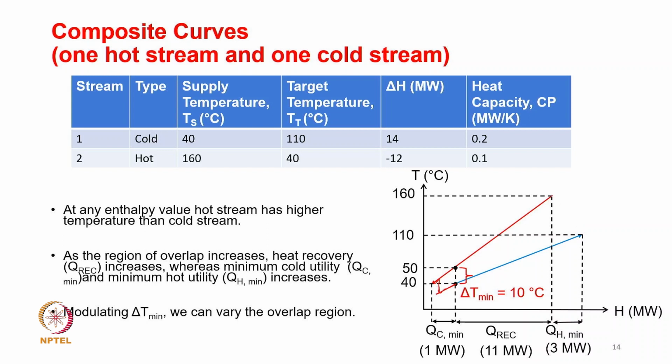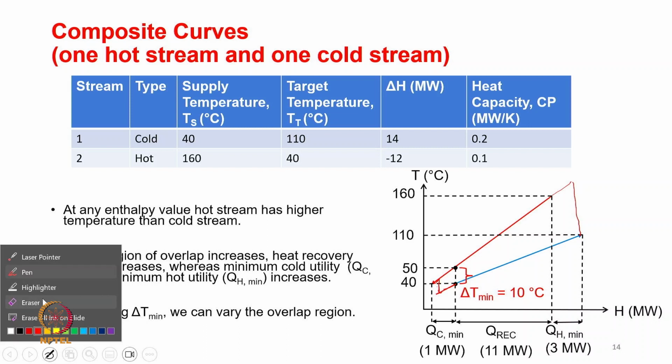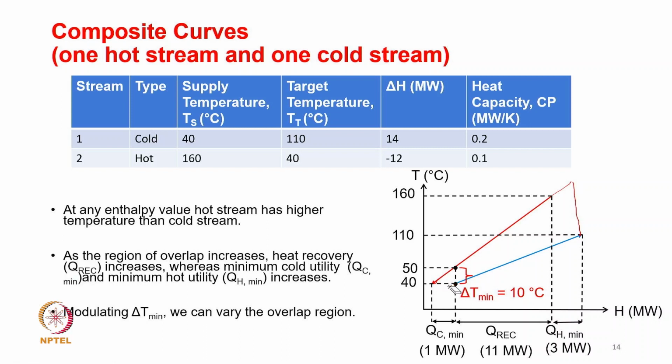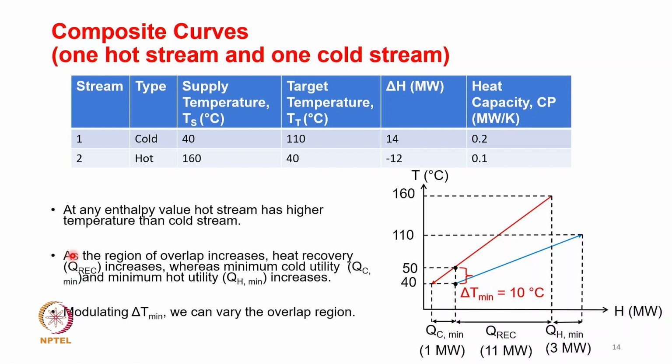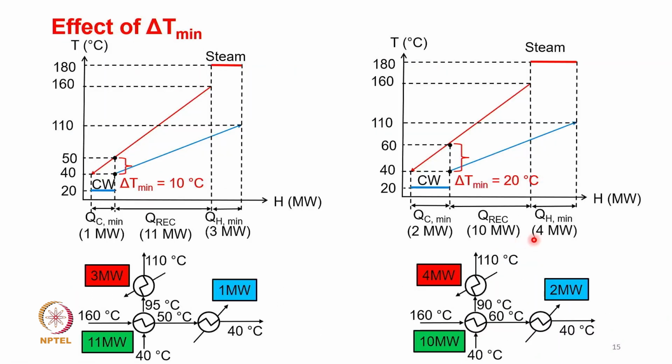Similarly, if you change this over here, you can see that the overall coverage can be increased. So what are we trying to say here? If you can modulate the delta T minimum, then you can actually change the level of heat transfer.